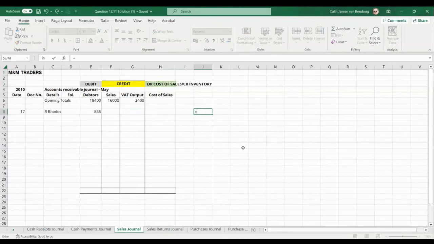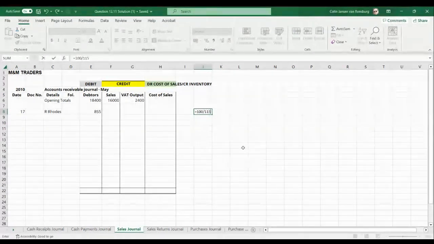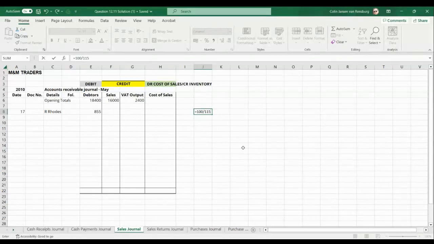So if we calculate the sales, what do we want? We want a factor of 100. What do we have? We've got a factor of 150. And the amount involved is 855.